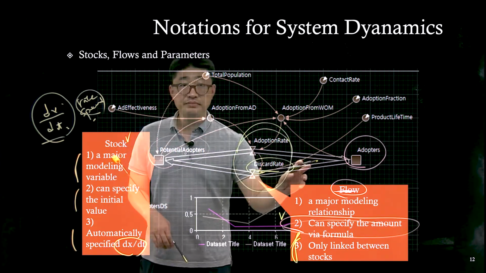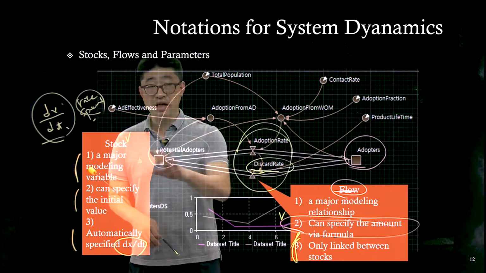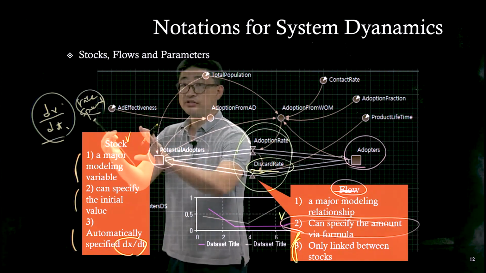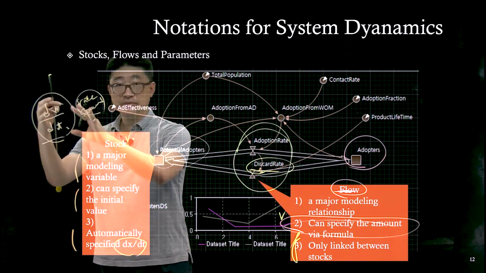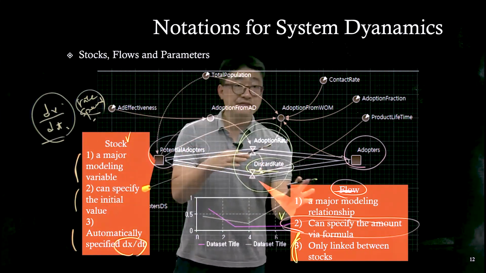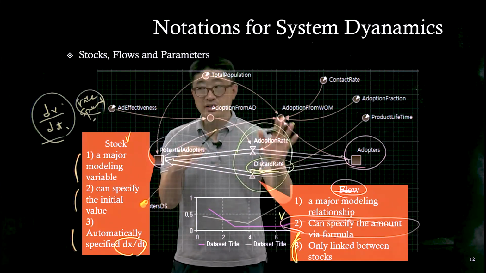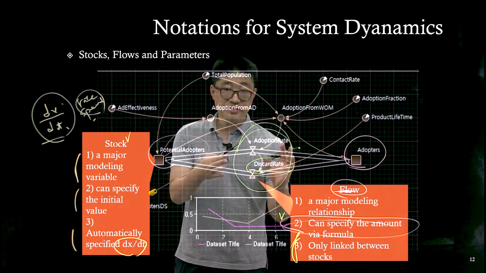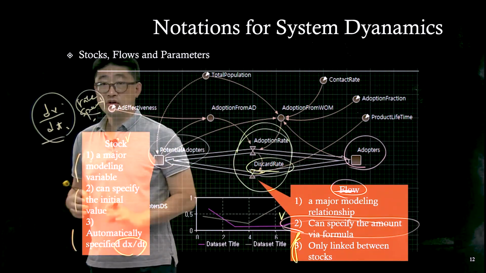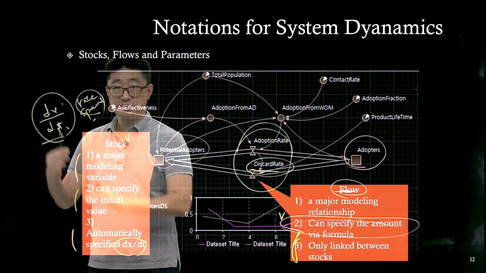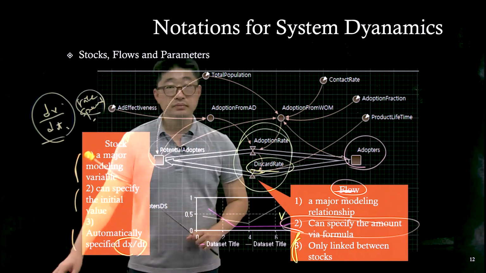Flows can be multiply linked to stocks, so the stock has the dx per dt, and each flow determines a partial rate; the aggregation of all of them is represented in this automatically specified dx per dt.